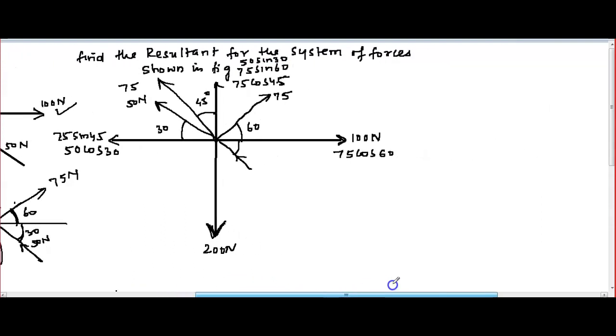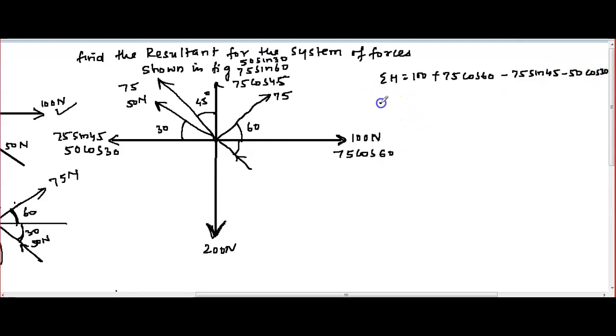All forces decomposed, then you can tell me the total horizontal forces. 100 plus 75 cos 60 minus 75 sin 45 minus 50 cos 30.